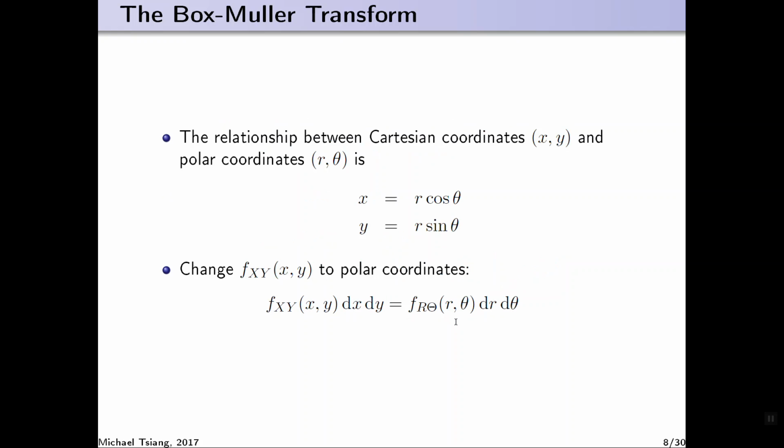And you have to say, all right, in polar coordinates, you can map everything on the same plane using a radius and an angle theta, right? And so to go from x and y, which is along the x-axis and the y-axis, to polar coordinates, the way we switch is we say, okay, the relationship between x and r and theta is that x is r cos theta, y is r sine theta.